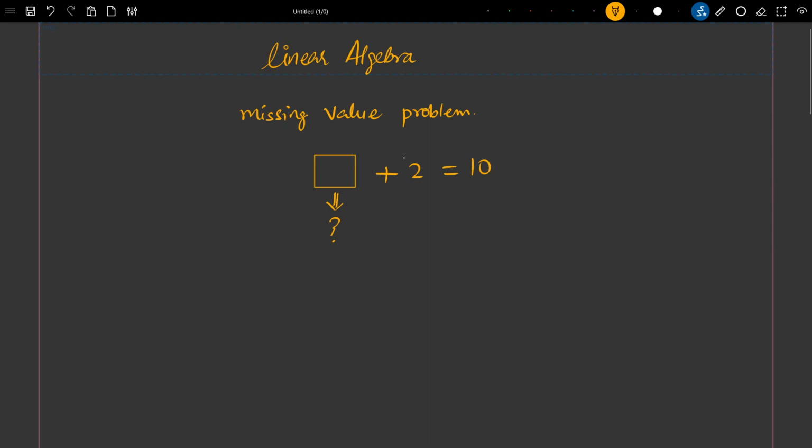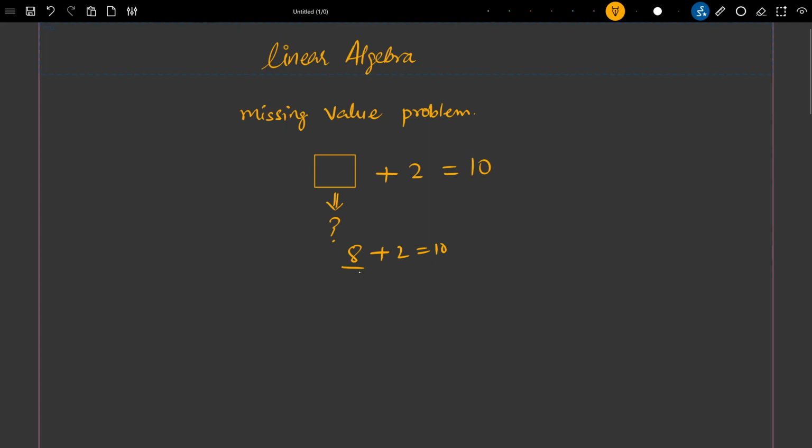As we are already used to these terms, addition is a very elementary thing. So within a second, I can tell what the missing value is.